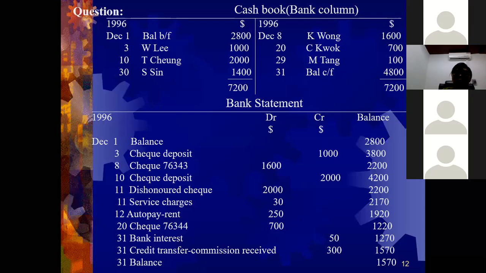All you have to do is match the items on the debit side of the cash book to the credit side of the bank statement, and then match the credit side of the cash book to the debit side of the bank statement. Items that are not there, you then have to group, whether it is informational or a timing difference.